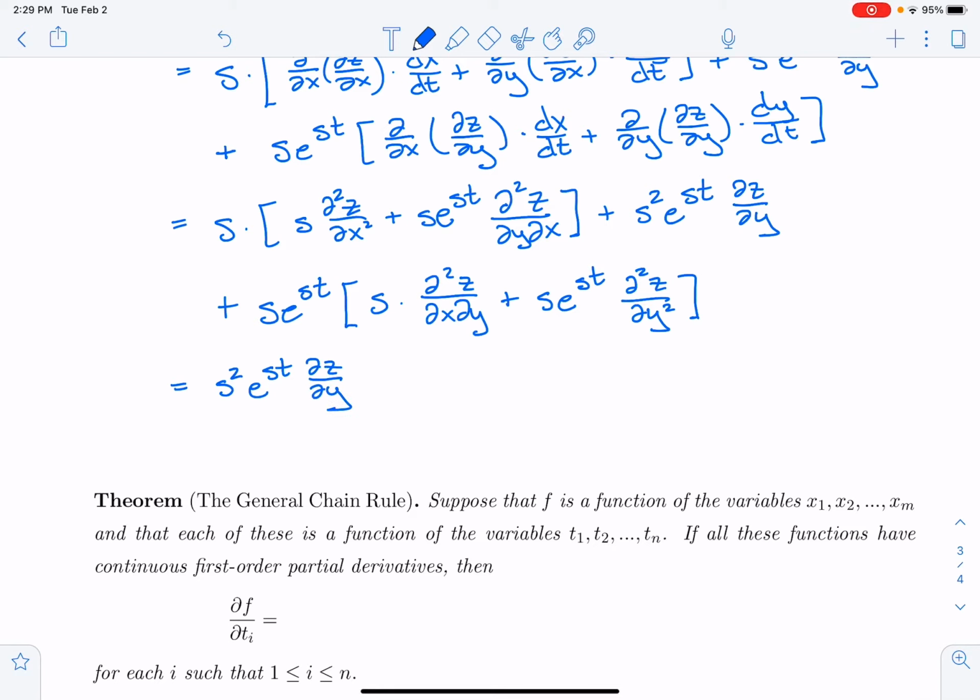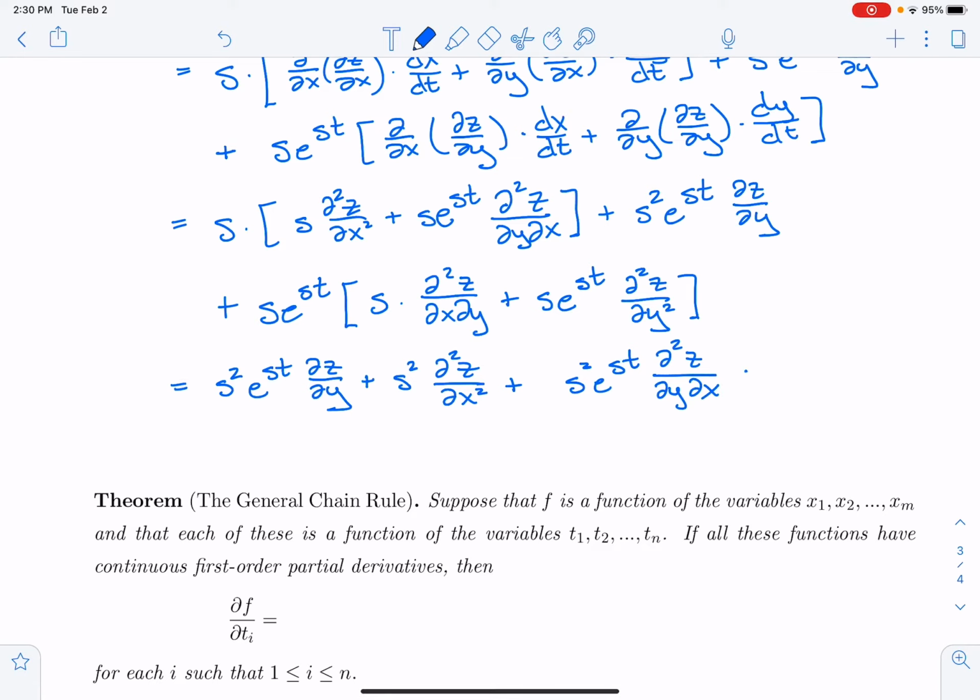And then I'm going to have plus s squared d squared z dx squared, plus s squared e to the st d squared z dy dx.